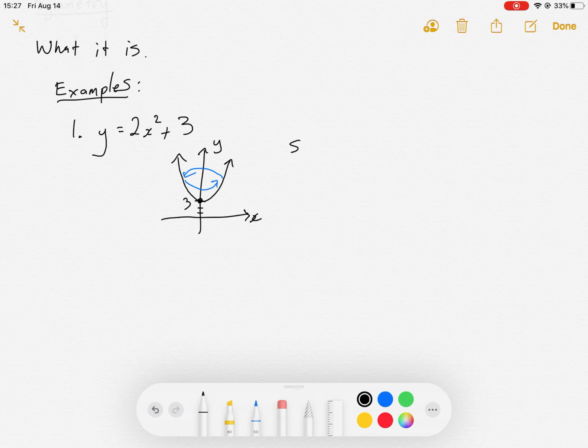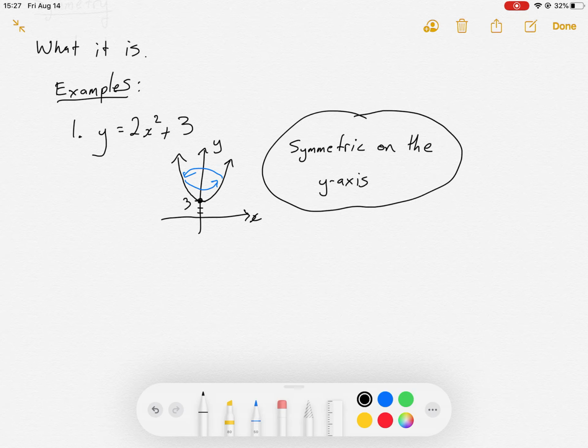In this case, we say the graph is symmetric on the y-axis. So this is a key point to make here, symmetric on the y-axis.